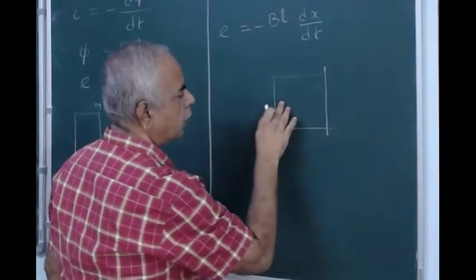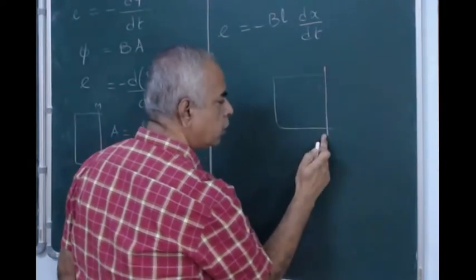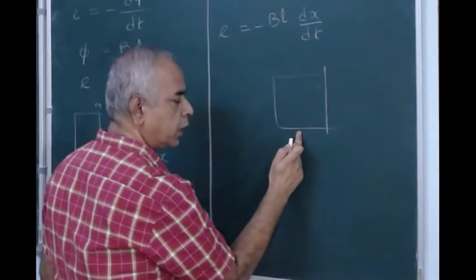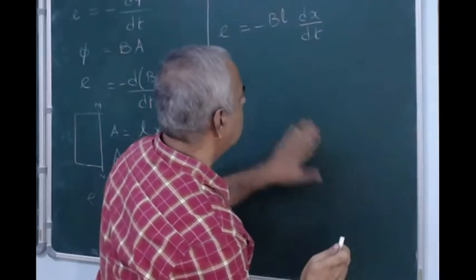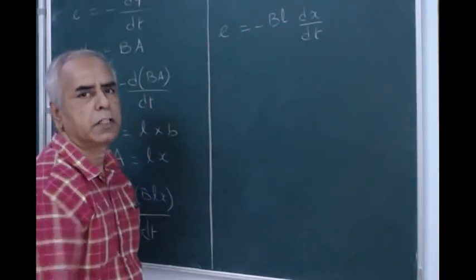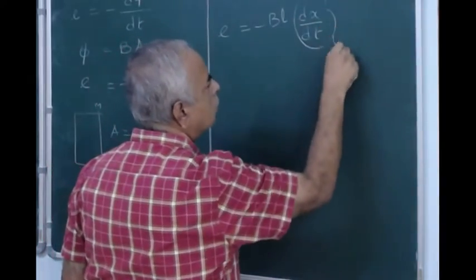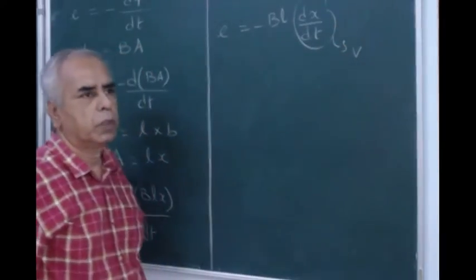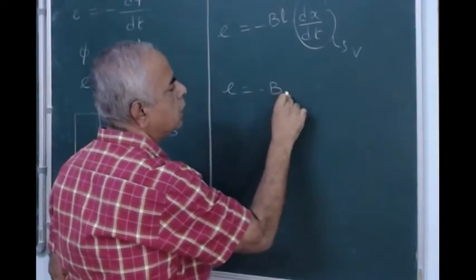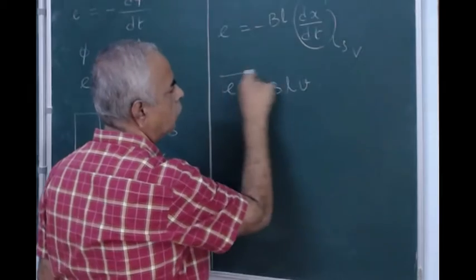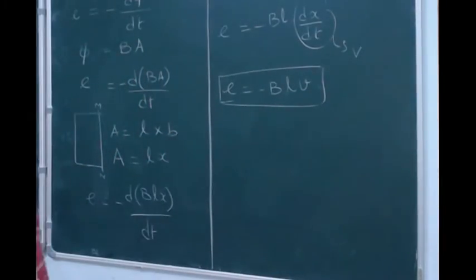The area is varying because of the movement, so how fast it is moved is the velocity, which is the velocity of the rod. Therefore E is equal to minus BLV. This is the important formula you have to derive.